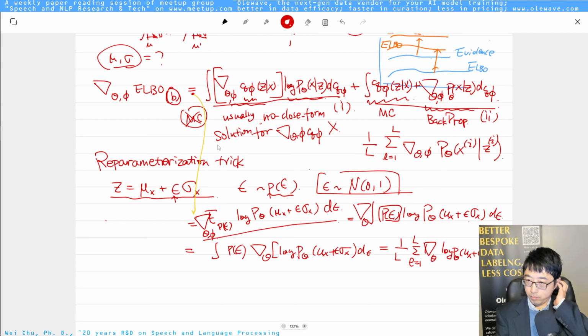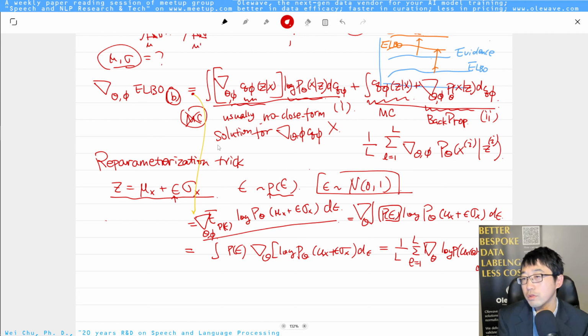Because the mu x and the sigma x are actually, let me write this here. They have the parameter theta here, right? Because it's a generation, right? It's all about the x here. Okay.